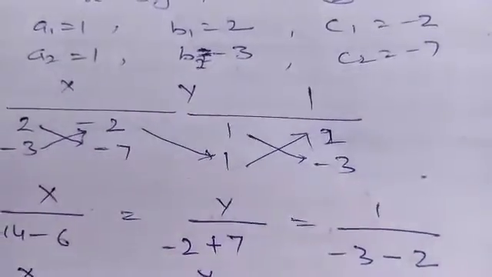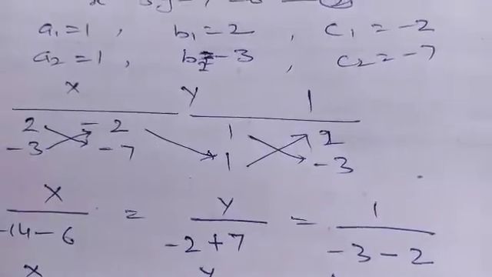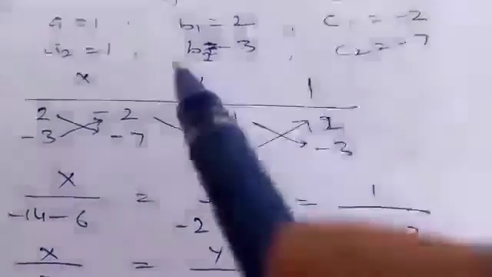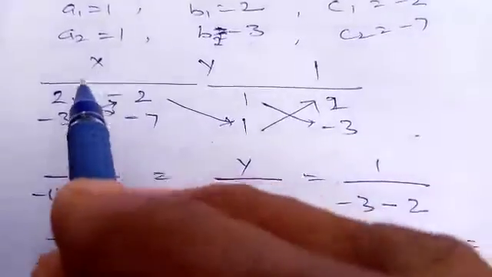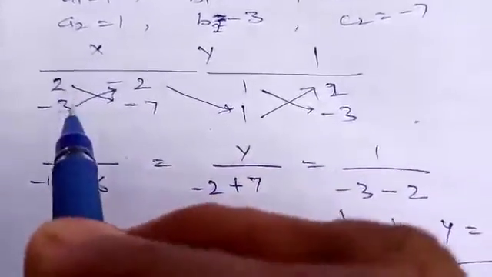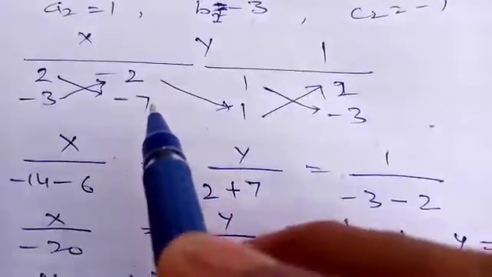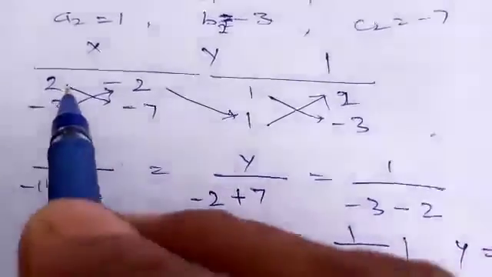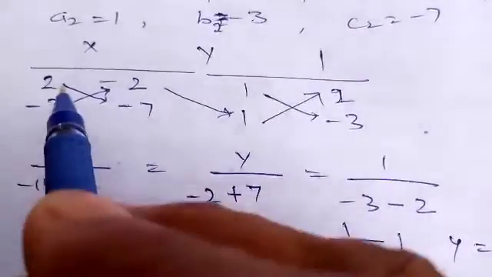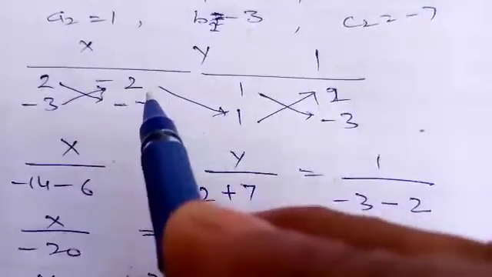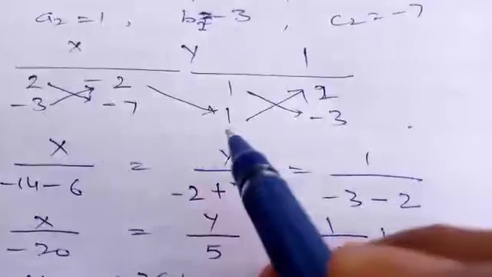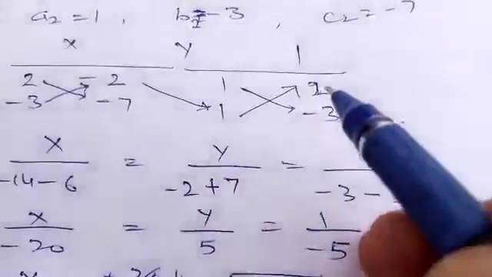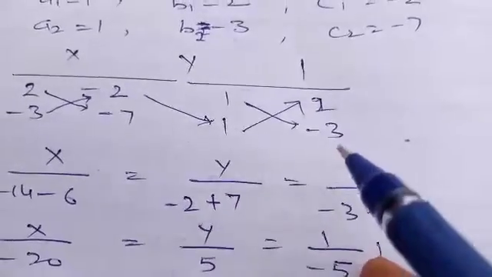By placing the coefficients a1, a2, b1, b2, c1, c2 in the formula, x upon 2 minus 3 minus 2 minus 7, these are the coefficients of y and these are the constant terms. So here is the value of x and these are the values of y. Repeat again.